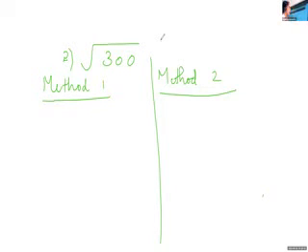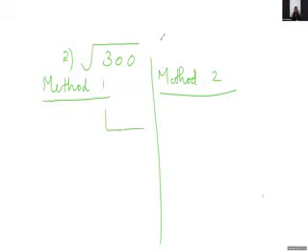Fisan is not answering. Okay, anyway, Rachel, can you tell me the answer of root 300? Method 1. Root 300, prime factorization.